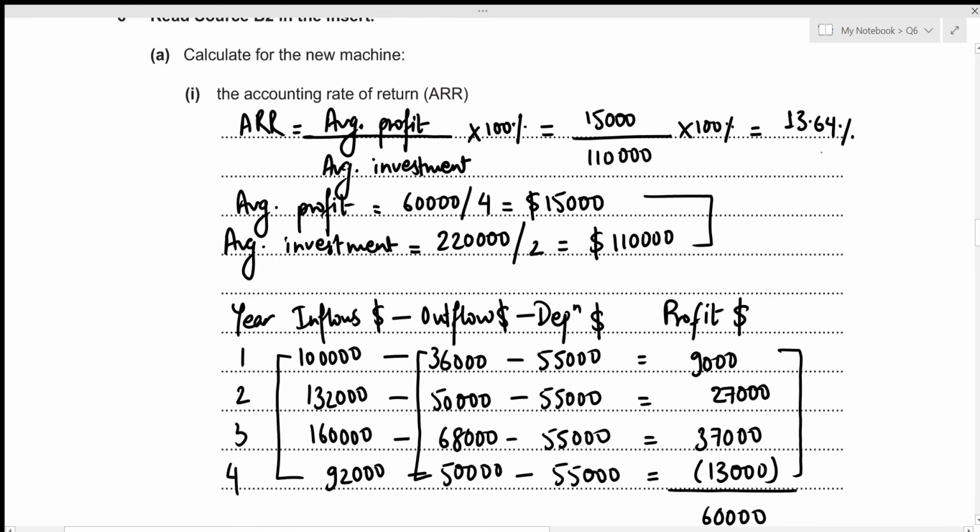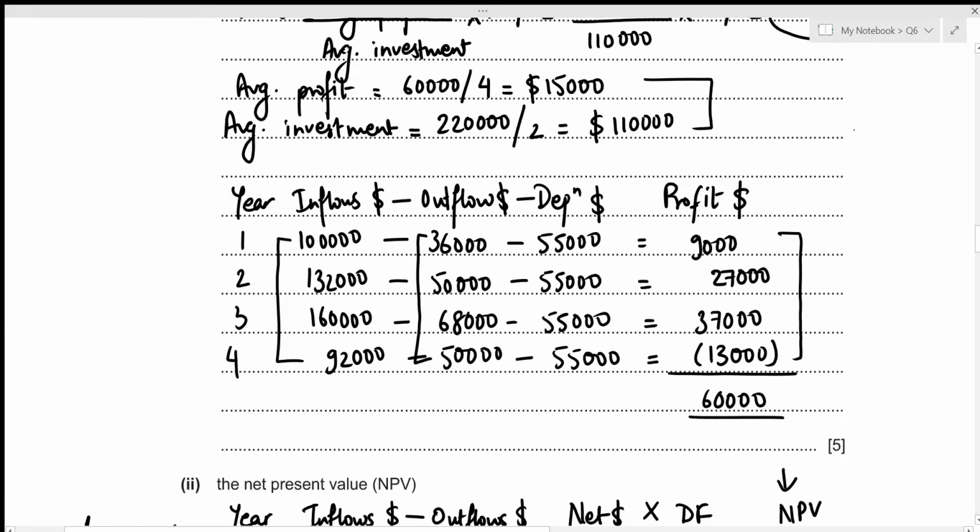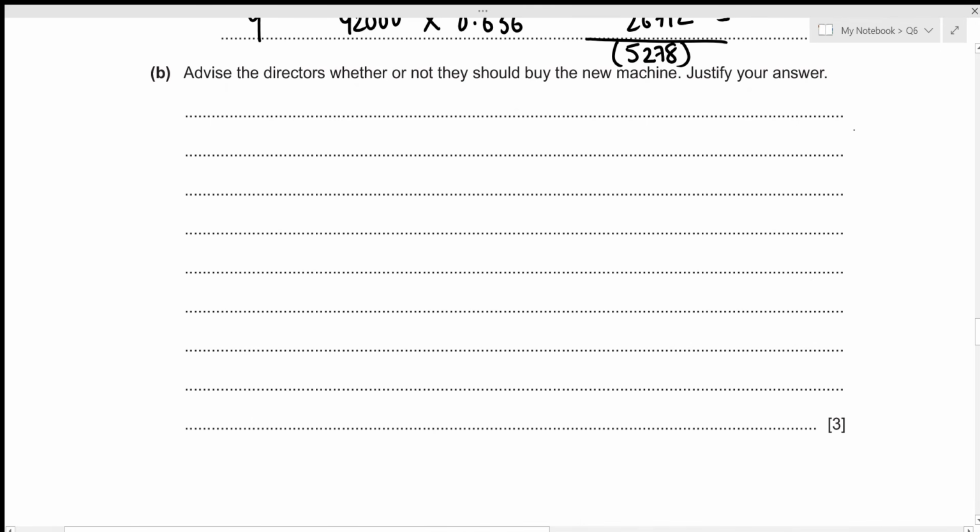We know that our cost of capital is 8%, and to have an accounting rate of return higher than the cost of capital is a good thing. So let's write it down. We can say that our accounting rate of return is higher than the cost of capital.